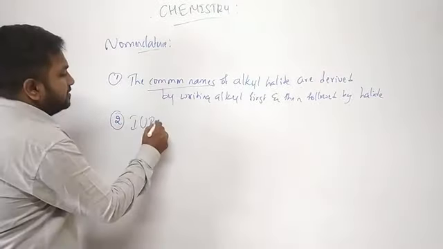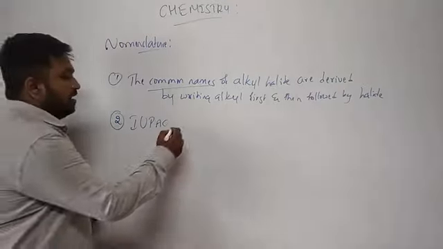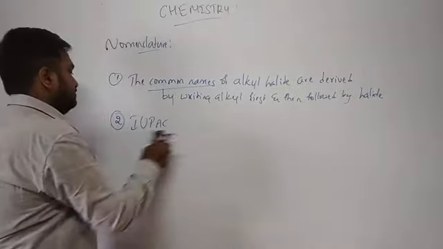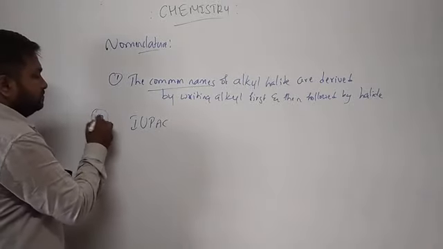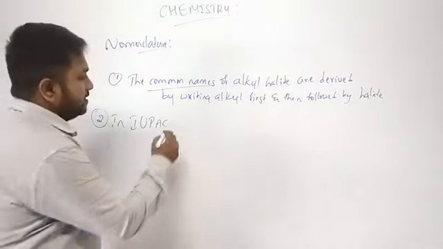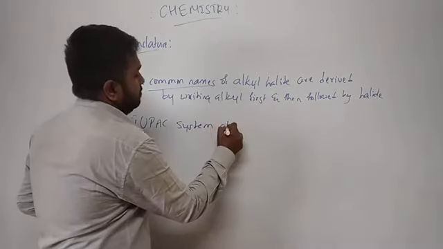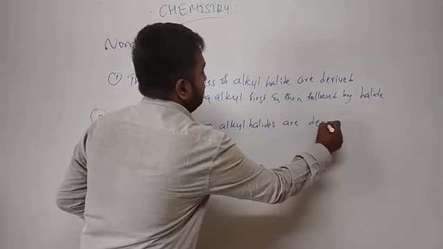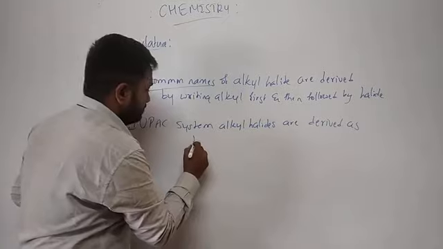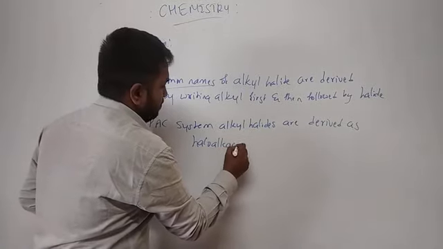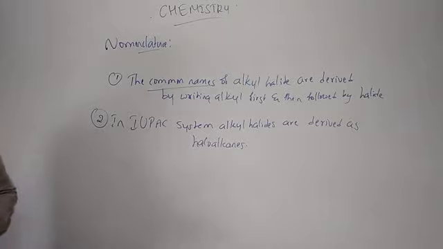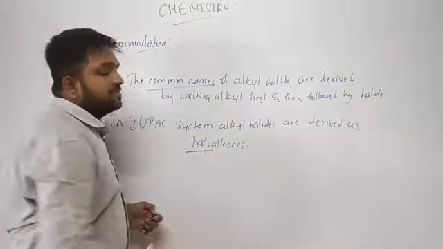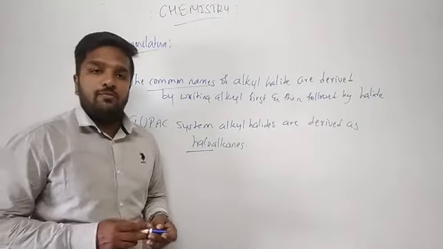But in the IUPAC system, alkyl halides are named as haloalkanes. It means halogen first and then it is followed by the alkane group.